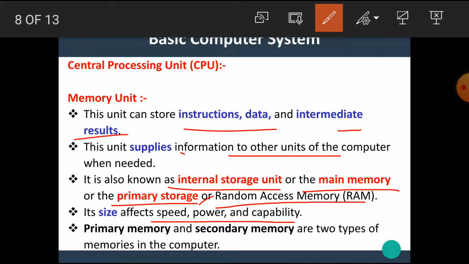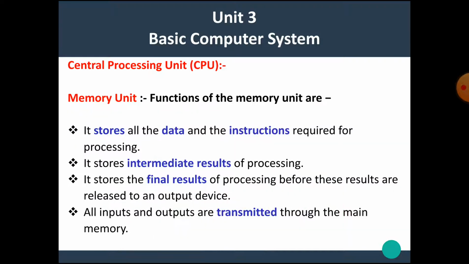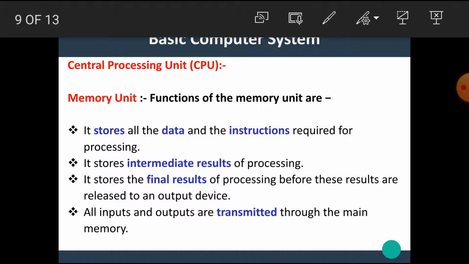The primary memory and the secondary memory are the two types of memories in the computer. Let's see the functions of the memory unit. There are many functions of the memory unit. Some of them are listed here. It stores the data and the instructions required for the processing.